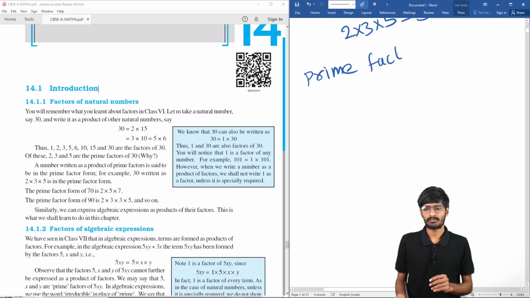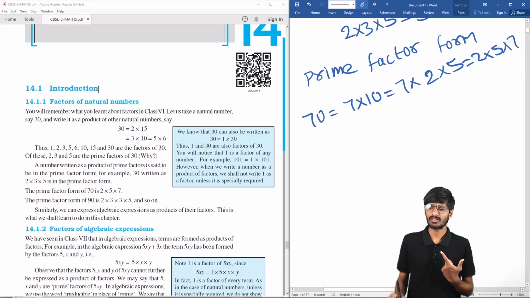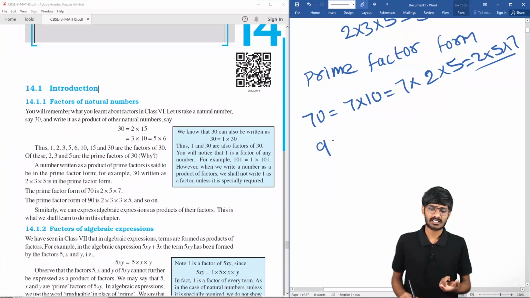Prime factor form for 70. 70 means 7 into 10. 10 is 2 into 5, so 2 into 5 into 7 is the prime factor form. All these three are prime factors. Next, suppose you take 90.